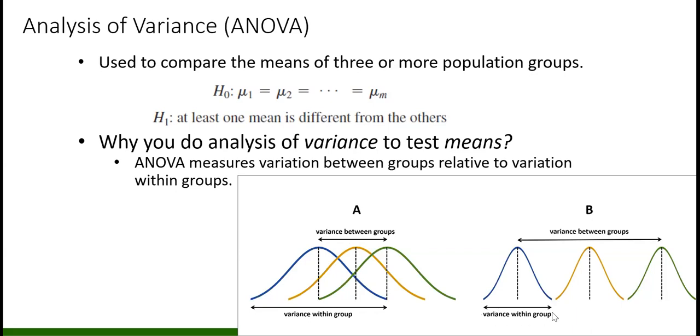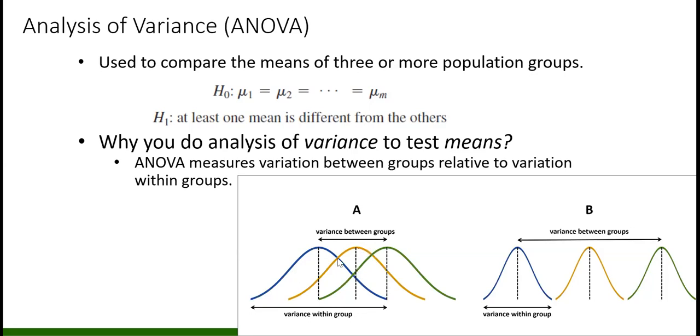In panel A, the variance within groups is much larger than in scenario B. So in panel A, the variance between groups is much less than the variance within groups.